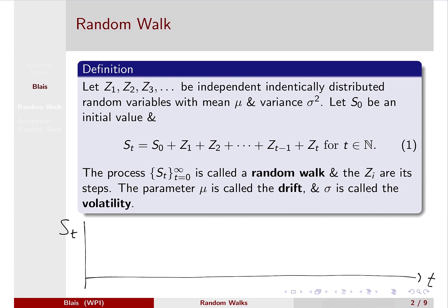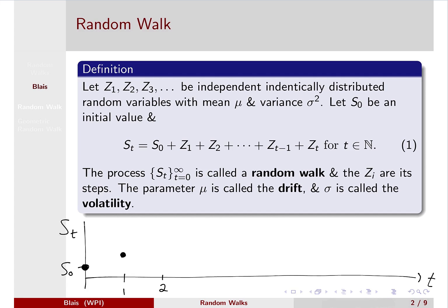So if we illustrate this, suppose we're starting off at some initial value S naught. At time 1, we generate this random step, Z1. Let's suppose it's a positive step. Thus, S1 is S naught plus Z1, so it's going to be higher than S naught. So we take this step upward.